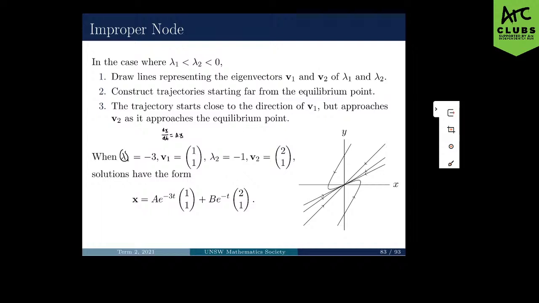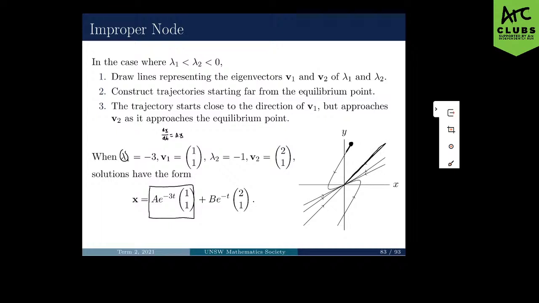The difference between the current case and the previous case is that in this case, we should start our trajectories further from the origin. I like to think of the start of the trajectory as where t is negative. When t is negative, this term is dominating, and so our trajectory should be in the direction of (1, 1), which is this line.